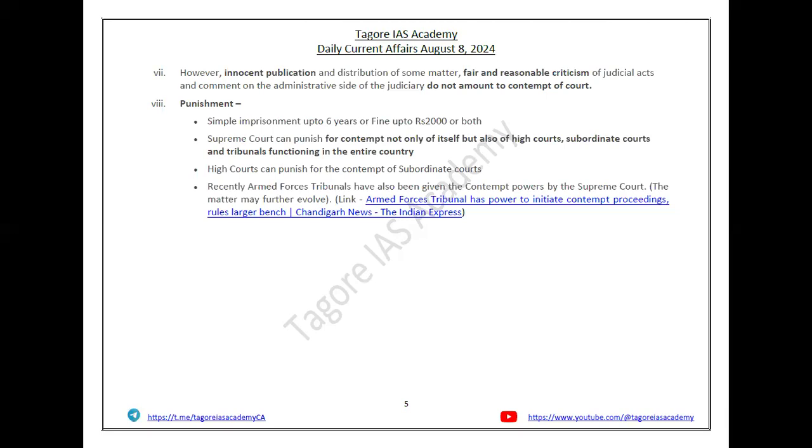Now, this last point which I have mentioned is important to write in case you are analyzing the judicial system of India, that even tribunals are now being empowered with contempt powers. It is not related to the Central Administrative Tribunal or any other tribunal. This judgment was particularly related to the Armed Forces Tribunal. That also should be kept in mind.